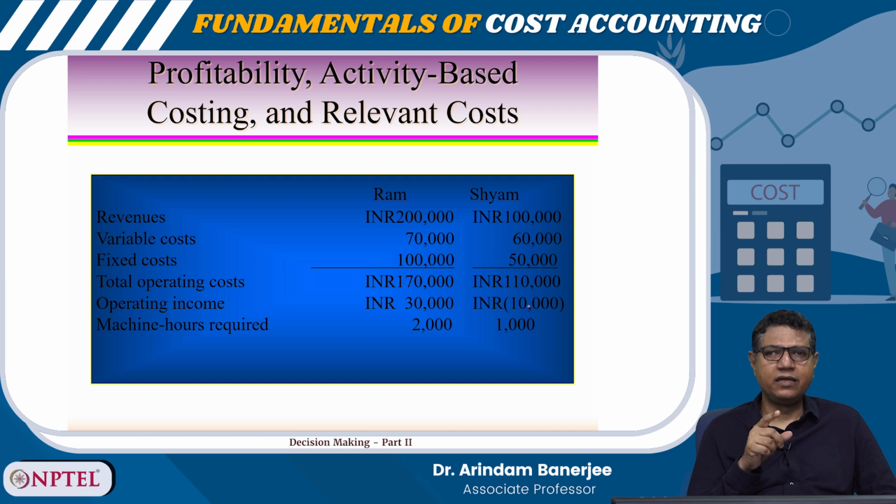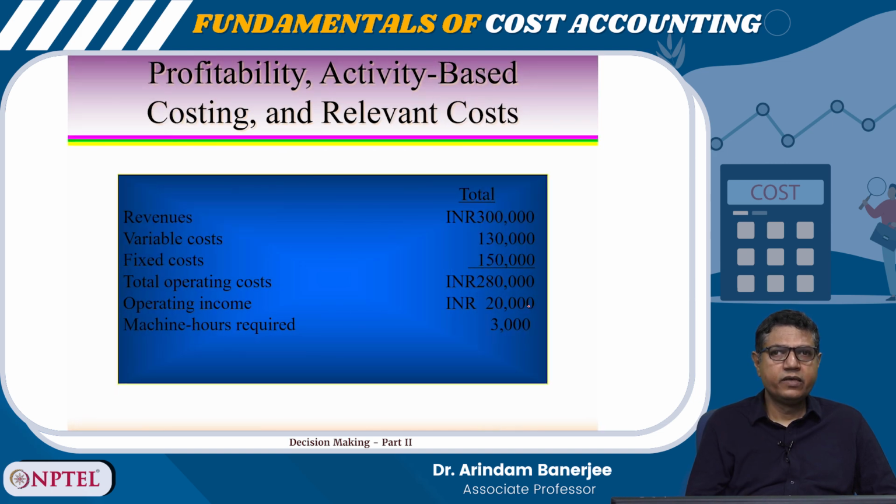So 1 lakh 30,000 divided by 2,000 is 65, right? And in case of Sham, the contribution is 40,000, so 40,000 by 1,000 is 40.